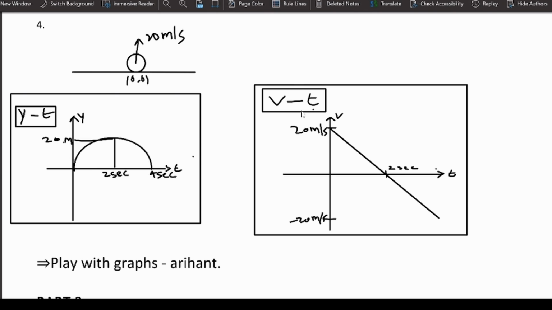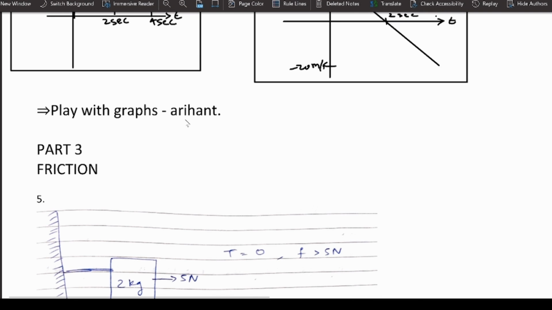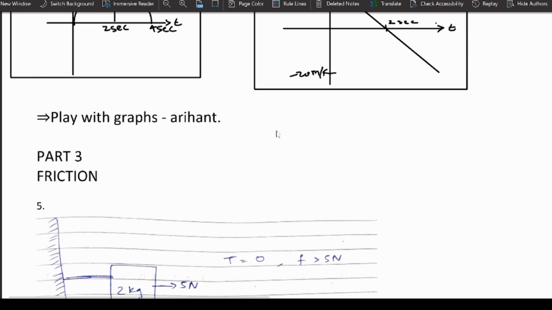And that's how you find your VT graph. And the acceleration time graph is a constant graph, and I guess that's the easiest part of all of these graphs, and you can do that as an exercise if you wish to. A personal suggestion from my side is Play with the Graph by Arihant. It's a very good book to try out more graphs.